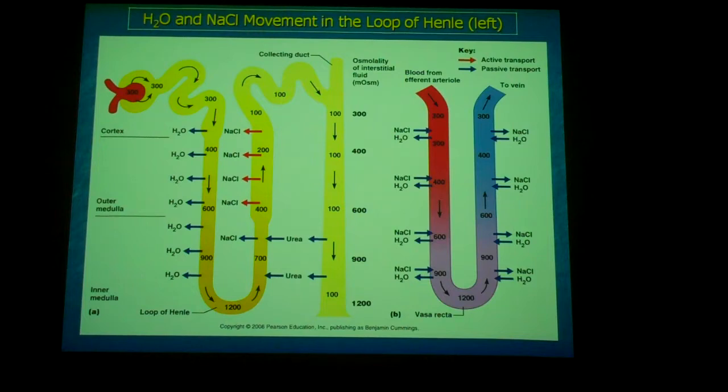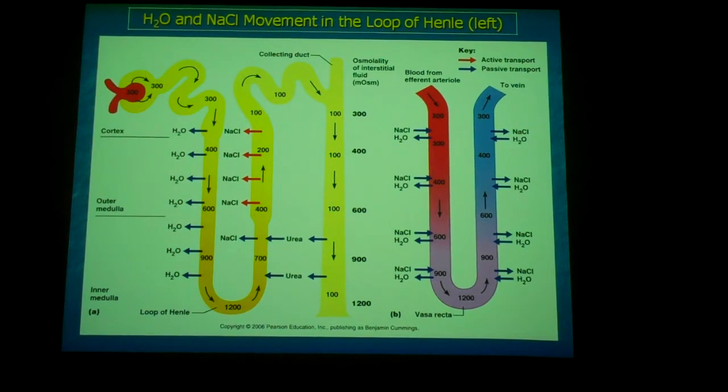So what's that doing to the solute concentration as we go down? It's increasing it. So when we get down to the bottom here, it's 4 times what we started with. All right. Now as we come back up, you notice the numbers are decreasing, aren't they? Why is that? Because now the ascending limb is permeable to solutes, but not to water.